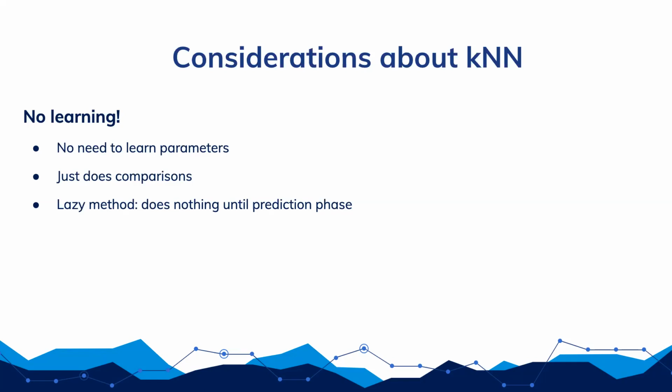In this case, we're not learning parameters. All we're doing is taking data in, comparing the point for which we want to make a prediction, using the data that is close by, and building a prediction based on that. So if we use a different data set, we would probably get different predictions. It's not really called learning.